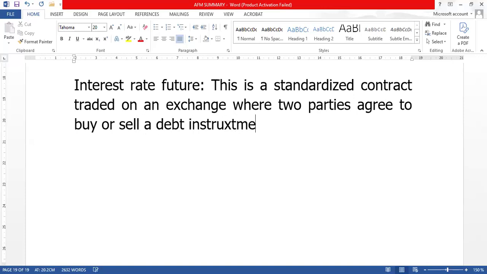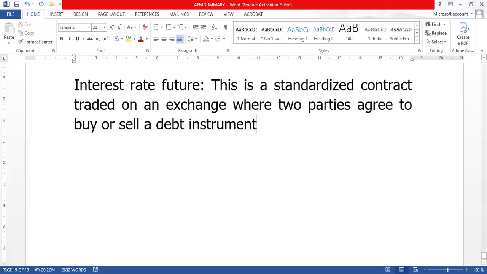It could be like treasury bills, bonds, and any other interest-bearing instrument.